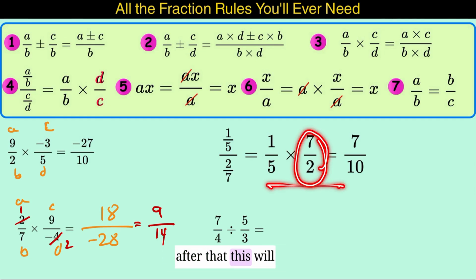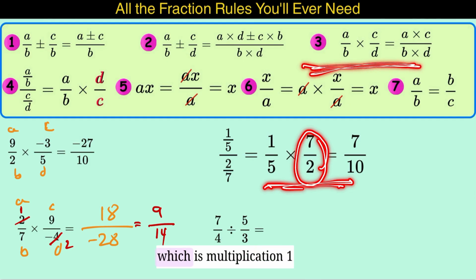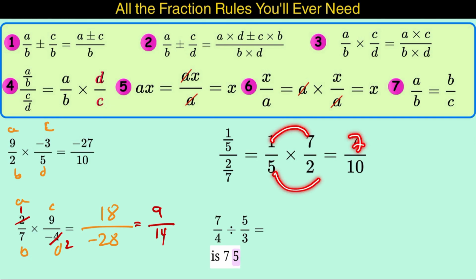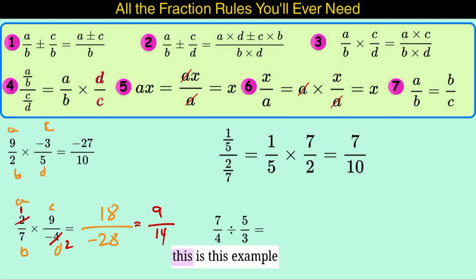Then after that, this will be rule number 3, which is multiplication. 1 times 7 is 7. 5 times 2 is 10. Again, this is this example. So I have here 7 over 4. Multiplication, flip. Please flip. 3 over 5.